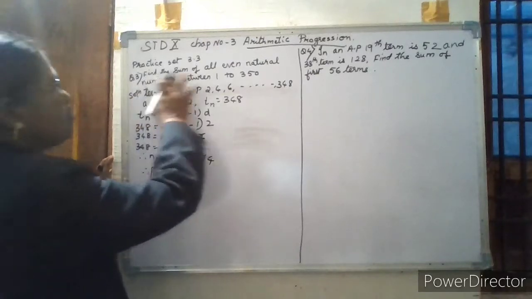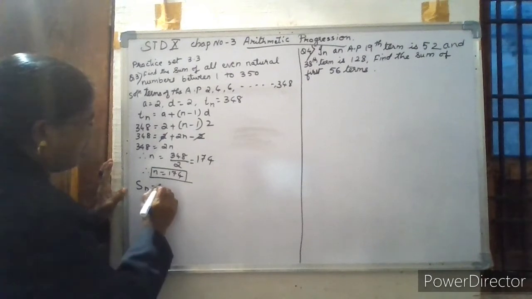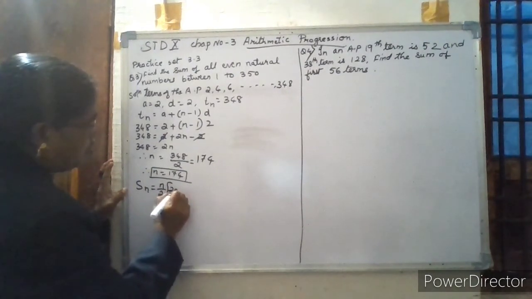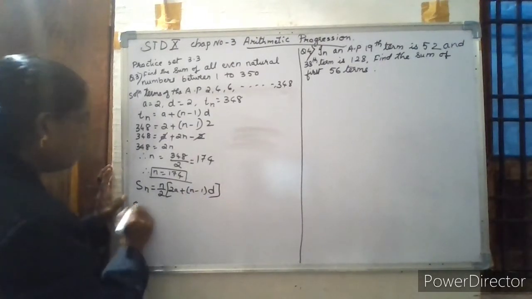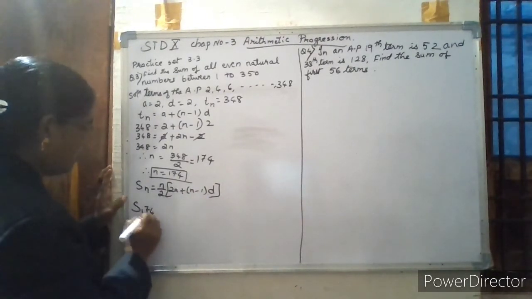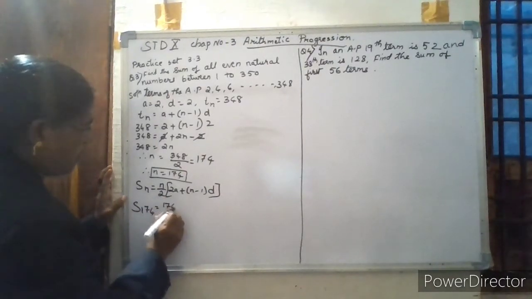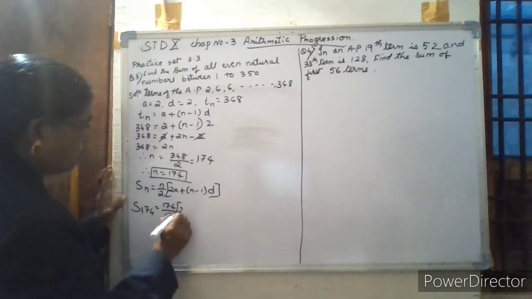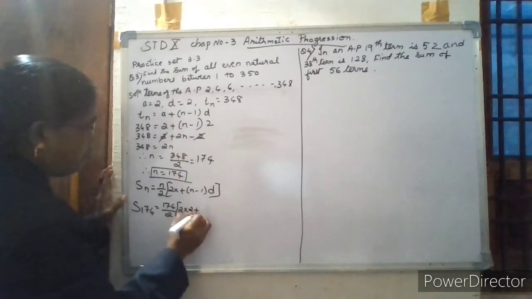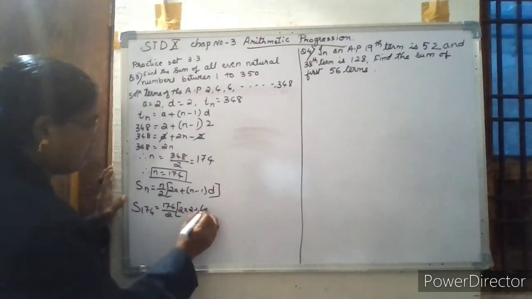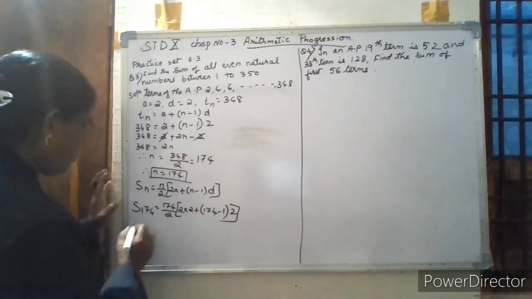So we have to find the sum of all these even terms. The sum of n terms formula is n by 2 into 2a plus n minus 1 into d. So the sum of 174 terms is 174 divided by 2 into 2 into a, which is 2, plus n minus 1, which is 174 minus 1, into d, which is again 2.